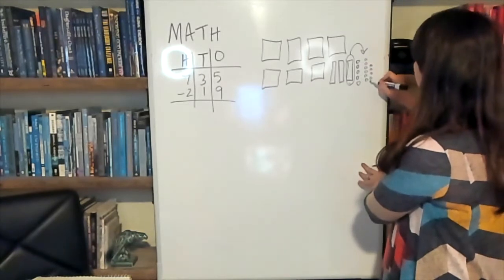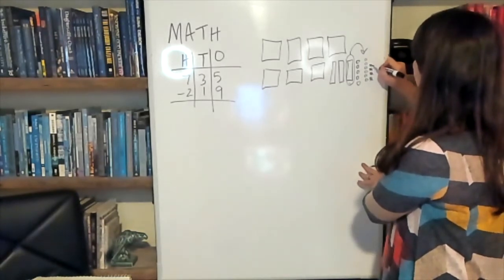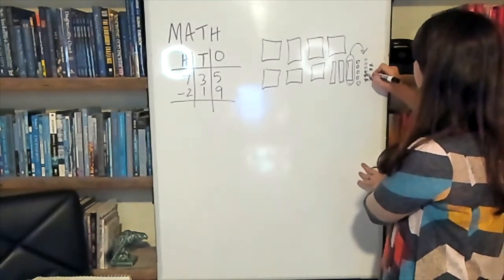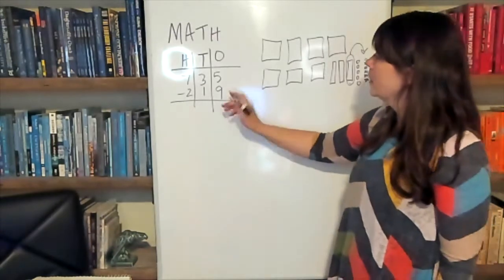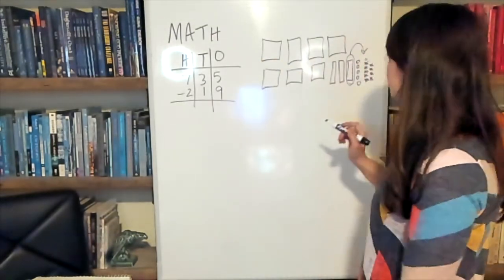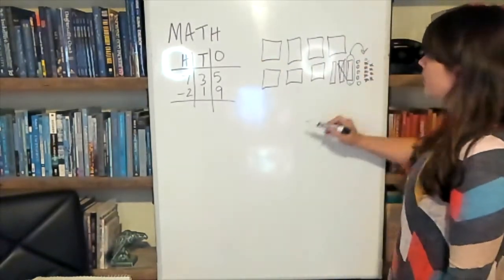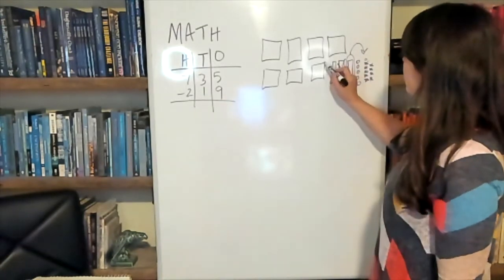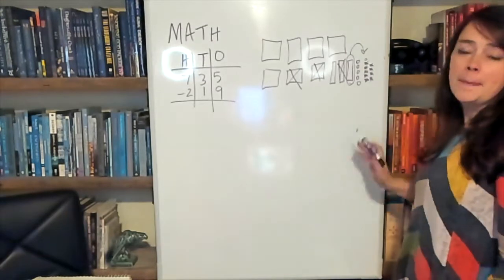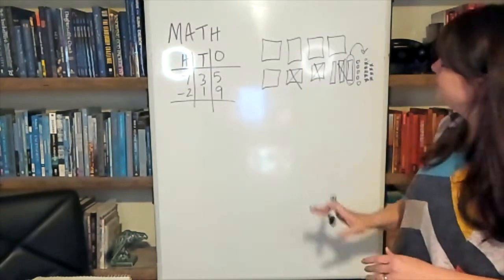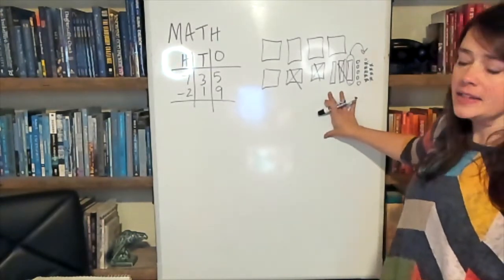We can take away 1, 2, 3, 4, 5, 6, 7, 8, 9. And then how many tens do we take away? We take away 1 ten. And how many hundreds do we take away? Take away this. So you can do it by picturing it, right? And what is left is your answer.